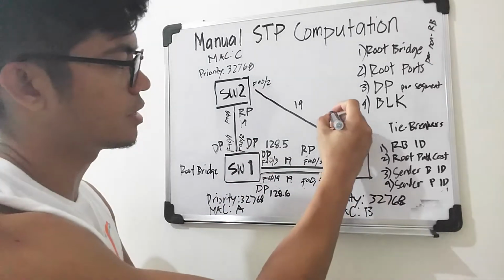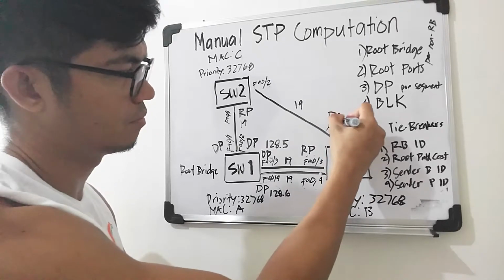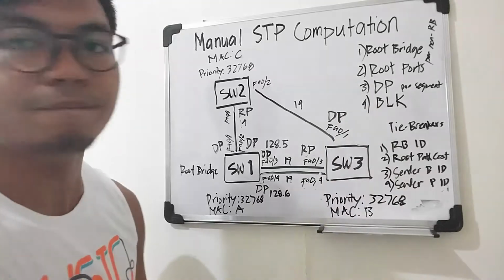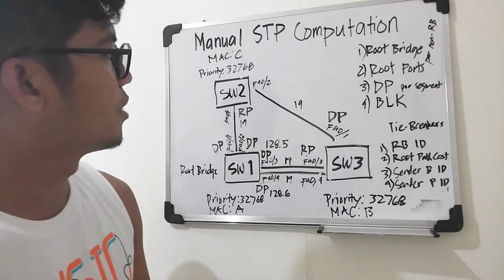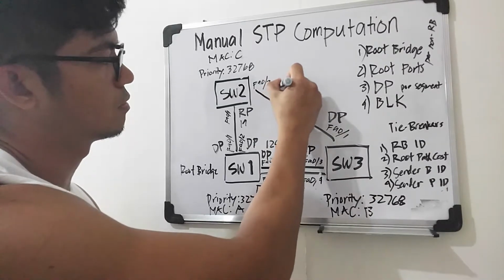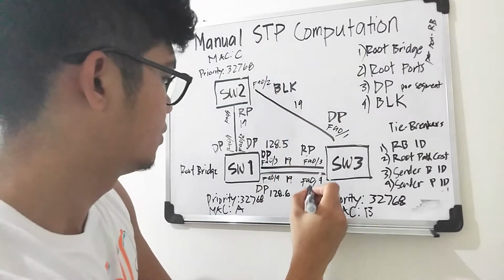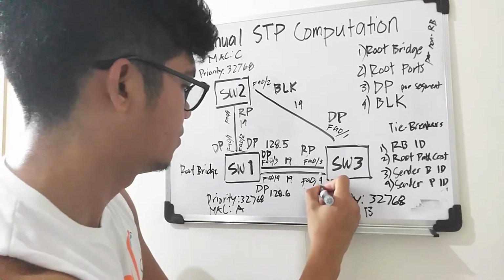So this port will become the designated port. And the rest will become the blocking ports, so this will become blocked right here.